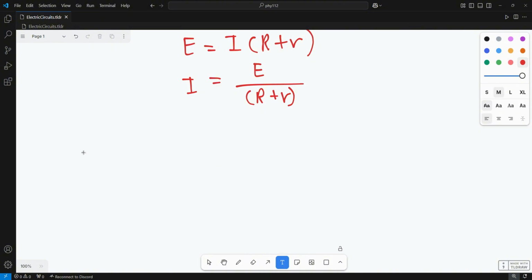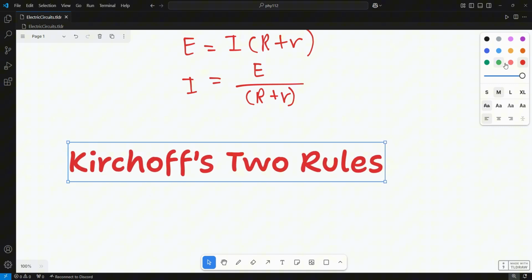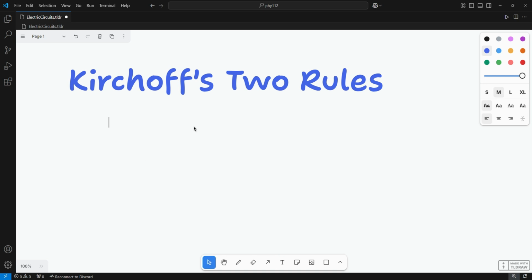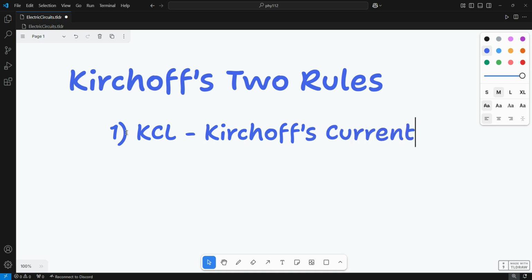Now if we take a look at Kirchhoff's two rules, the first one is called KCL, or Kirchhoff's current law.